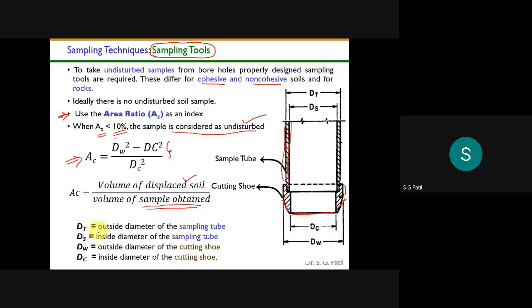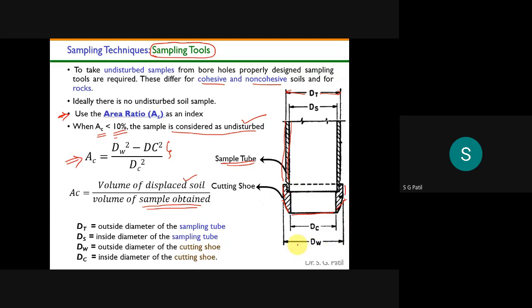Here I am telling what those parameters are. Dt is the outer diameter of your sampling tube, and Ds is the inside diameter of the sampling tube.